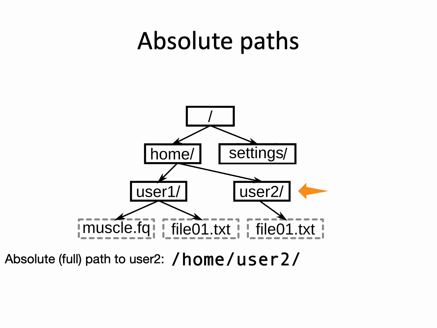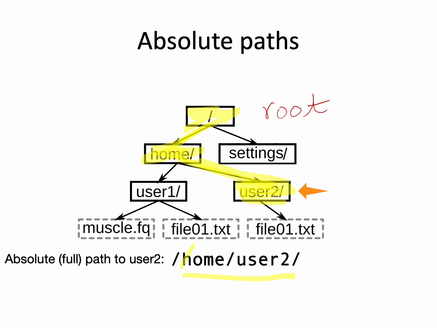On the other hand, you may refer to things using an absolute path, which means you start again at the root. Then the root is just this forward slash, and the first directory that you have down from there is home. And home also points to user two. So you can basically follow this whole tree down to refer to the whole thing of home user 2.